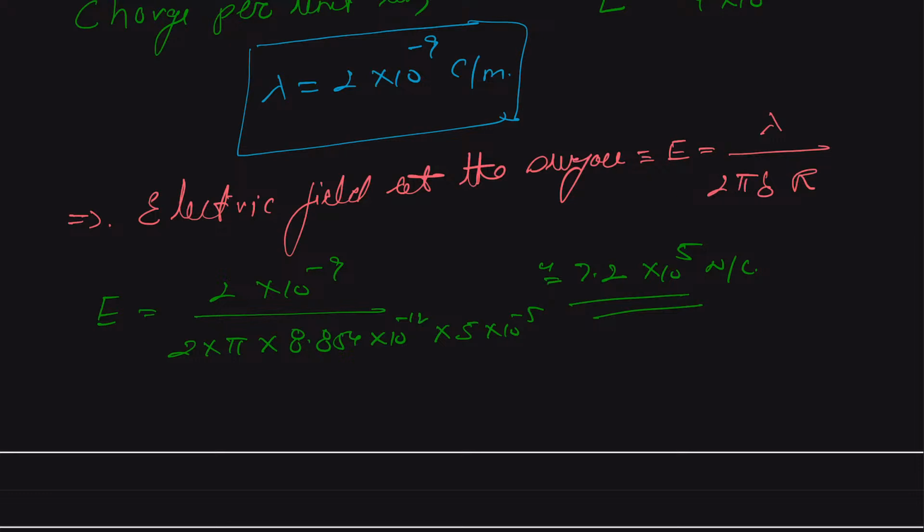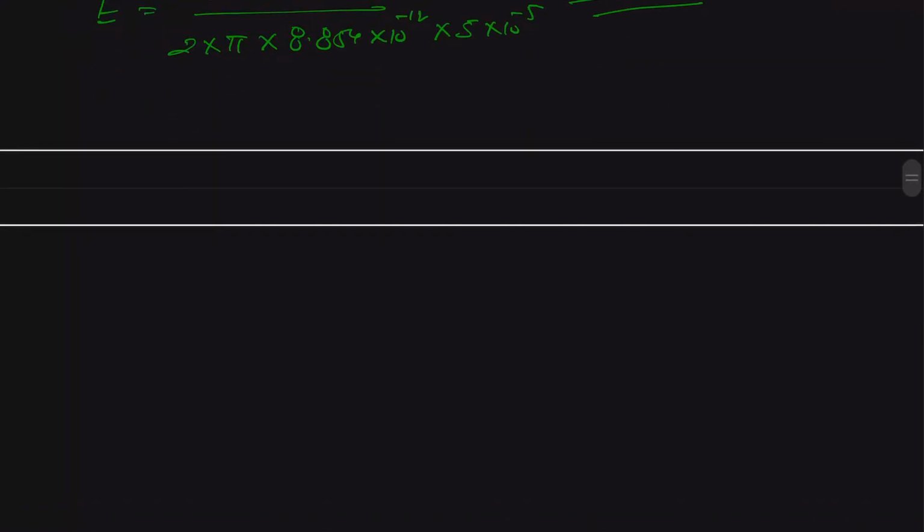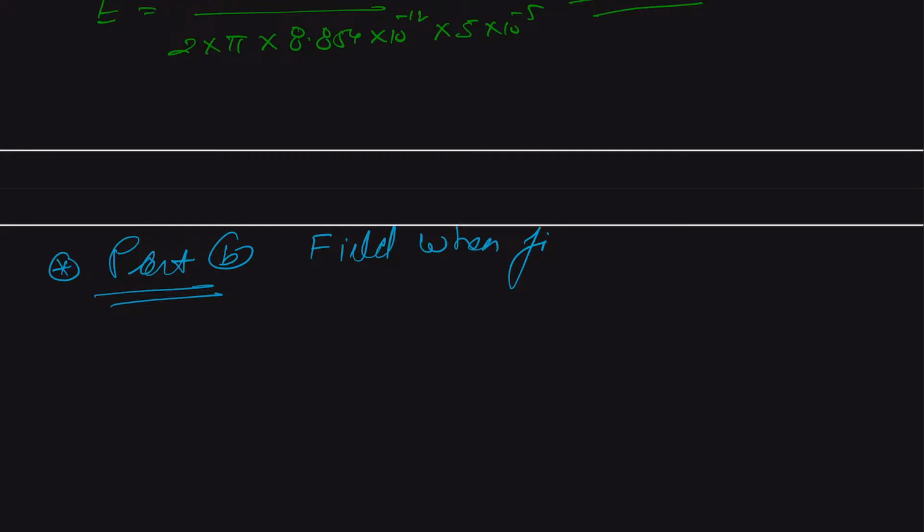Now we are going to find out the field when our filament is moving. So that is our part B. In part B, we can say our field when our filament moves.